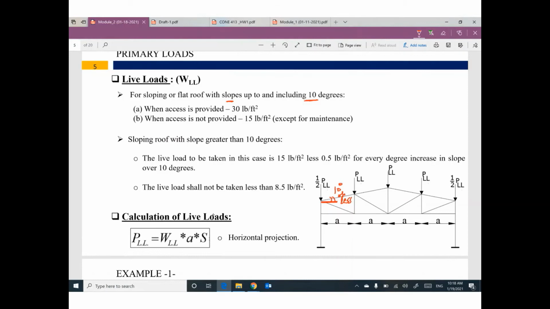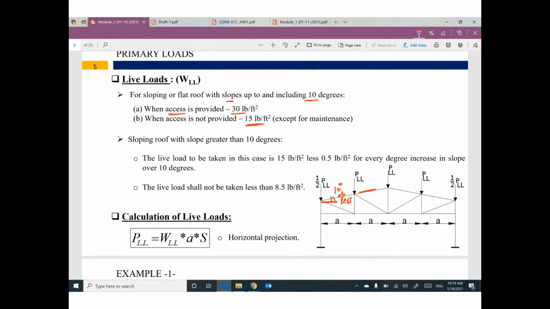If your roof is accessible, you have a ladder to access this roof or stairs or something like this, so we have live load value equal 30 pound per square feet. If you don't have access to the roof, we can assume the minimum value 15 pound per square feet.